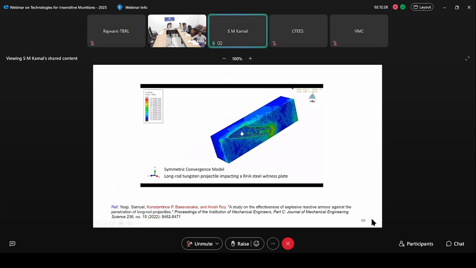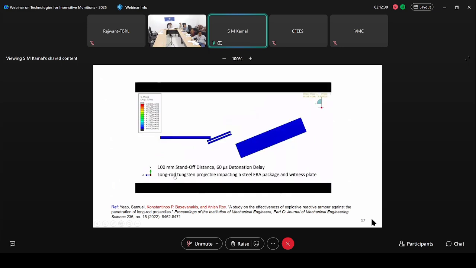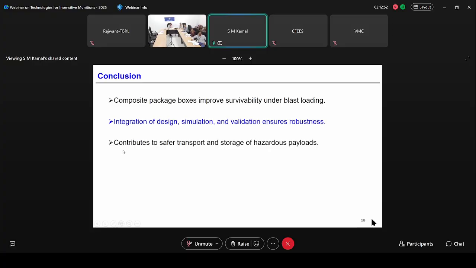Considering a standoff distance of 100 millimeter with a 60 microsecond detonation delay, the long rod tungsten projectile is impacting the steel ERA package with witness plate. This is just to show you their earlier work. They have done some work in this direction, so this collaboration will be useful.